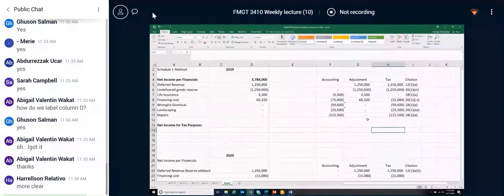Harrelson says more clear, but how about the others? I know there's a number of you who are retaking. So again, does this table help? Or doesn't matter? Does it matter at all for some people?